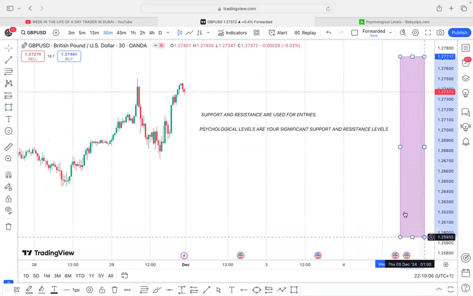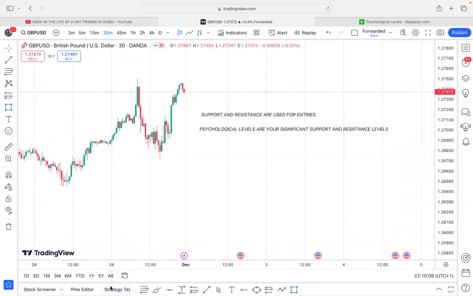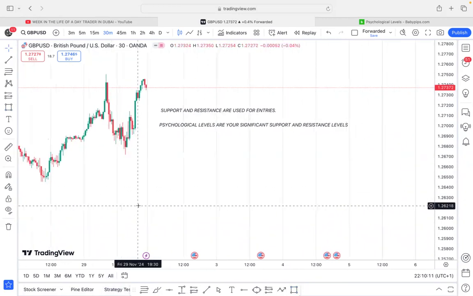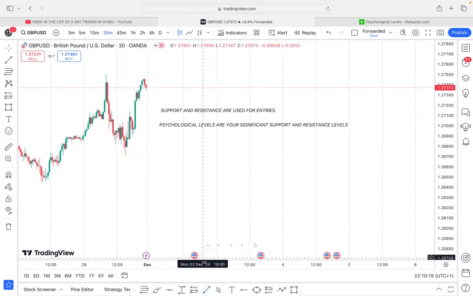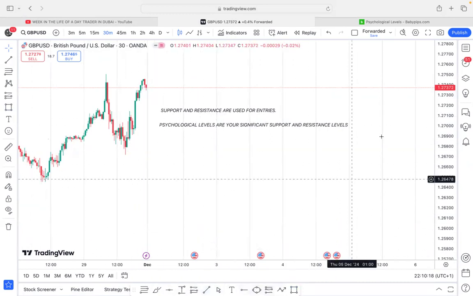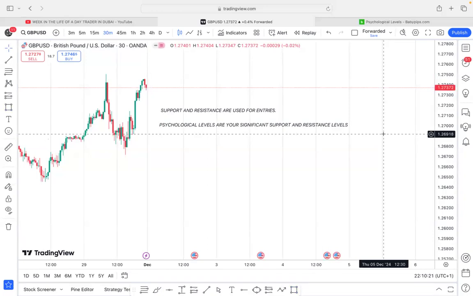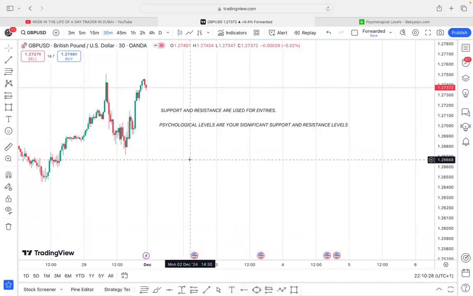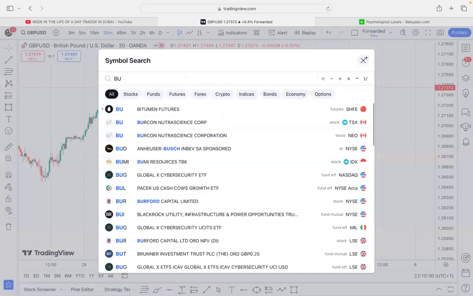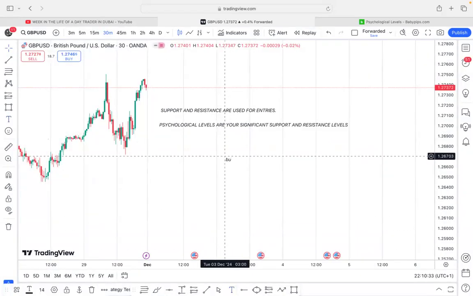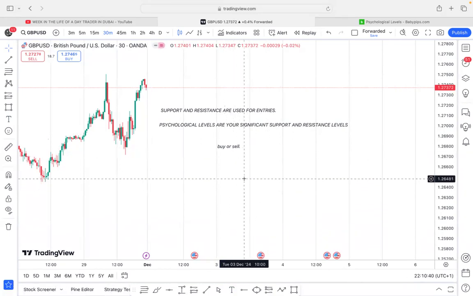All we are doing in technical analysis on this price chart is looking for a point to buy or sell, meaning what price to buy or sell from. So to find our significant support and resistance levels, meaning our significant zone to buy or sell from, we have to have an idea of zones that are mostly respected.